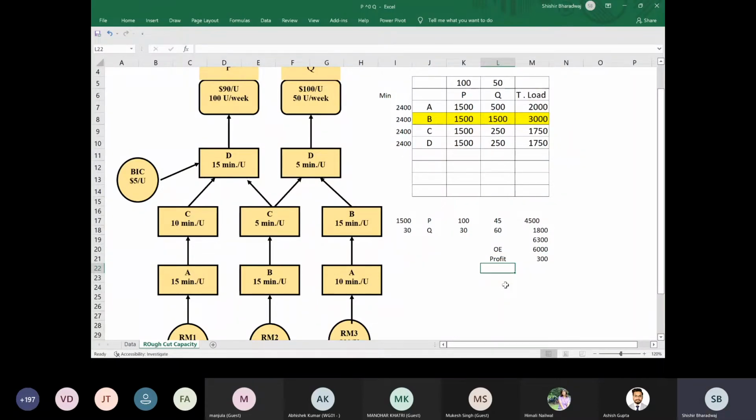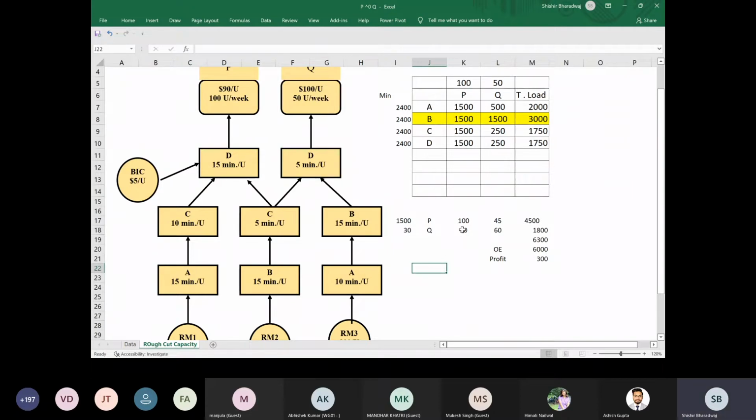Now let me bring you back to the person who had come and said, yes, sir, I will reduce 1 minute on B for raw material 2 and increase 3 minutes on C. Let us look at how things work. If he saves 1 minute on B, what is the total number of minutes that he has saved for processing raw material 2?